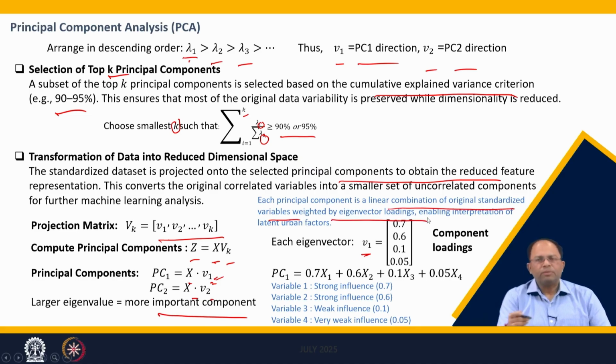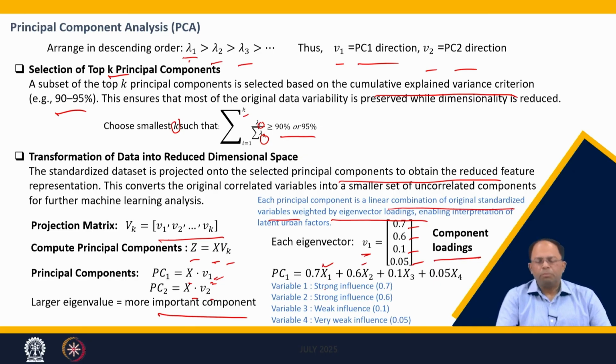And because we have computed the covariance matrix and extracted the eigenvectors after eigen transformation, V1 will be something like this, where you see the different values. It's an indicator of the strength of the different features in that particular direction. So these are also known as component loadings.